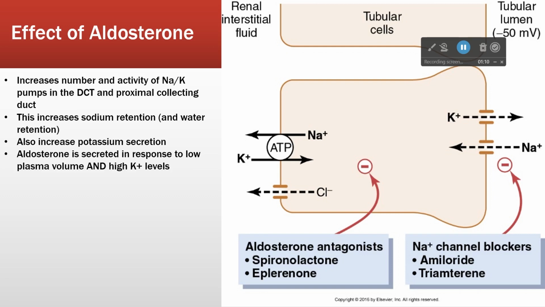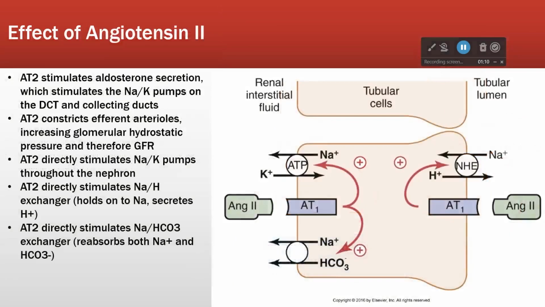But then ADH comes along and makes the urine dilute, so that we can still get rid of the excess water even though potassium is high. So it's kind of a weird interrelated system. I haven't said this to you guys yet, but if you were going to redesign the human being, you would have an aldosterone for sodium and then something different for potassium, right? Because then you wouldn't have this problem of cross reactivity.